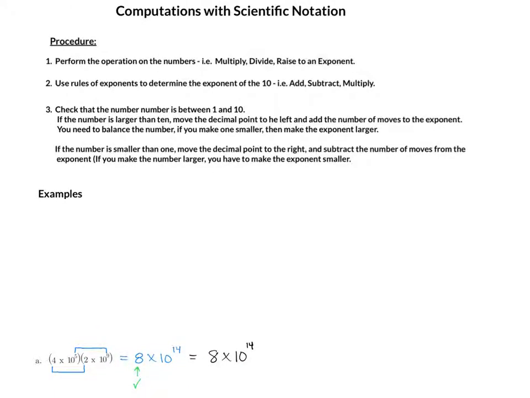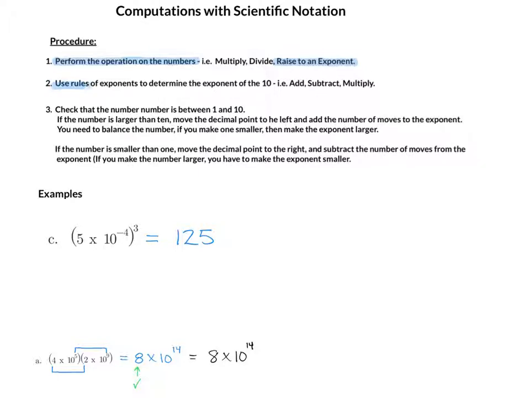Let's look at one more example. We have 5 times 10 to the negative 4 raised to the 3rd power. So we are raising to an exponent. The first thing that I want to do is raise my 5 to the 3rd power. We're distributing our exponents. So 5 cubed equals 125.